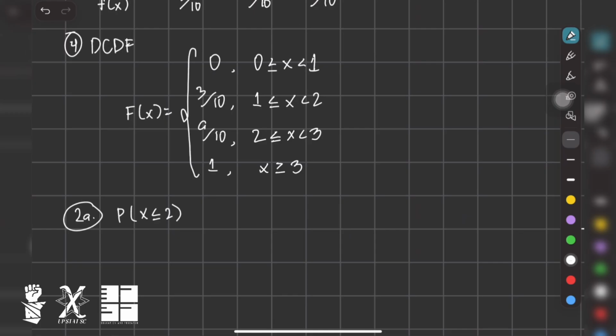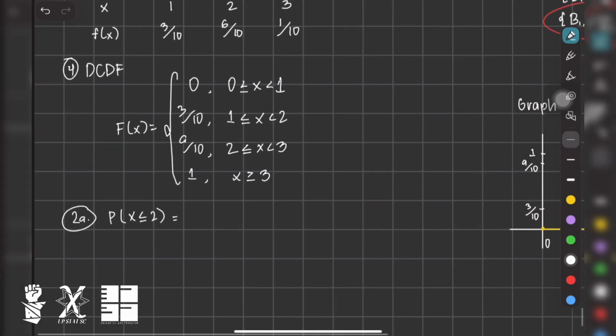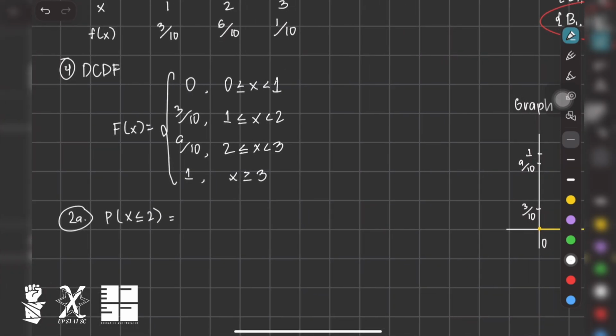Now, note that this is the standard form for your cumulative distribution function, where it's P(X less than or equal to some mass point).